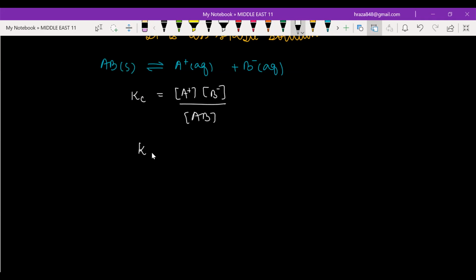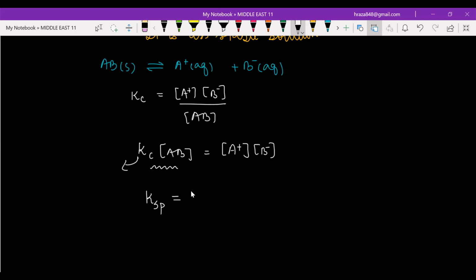Now can I also write Kc into [AB] will be equal to [A+] into [B-]? Can I write this? Saif, you are not speaking up. Yes, sir. Now, this Kc is constant and AB is in solid state. That's why it's also constant. And constant into constant is equal to constant, and this constant is known as Ksp, solubility product, or you can say solubility product constant.